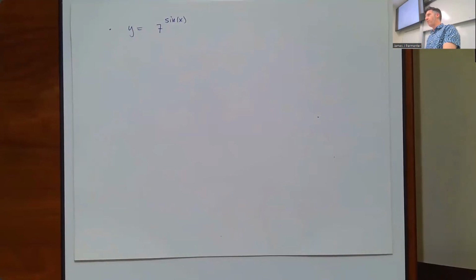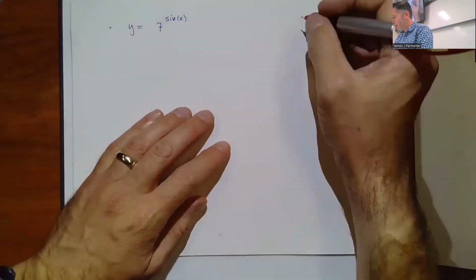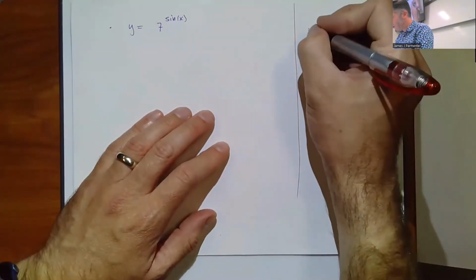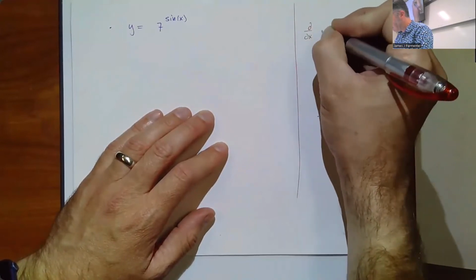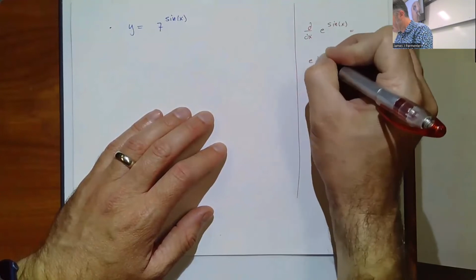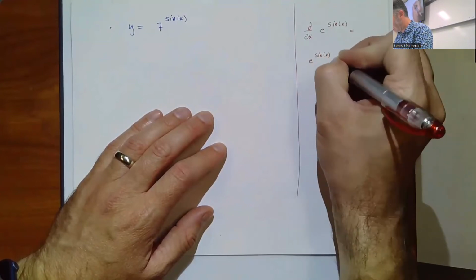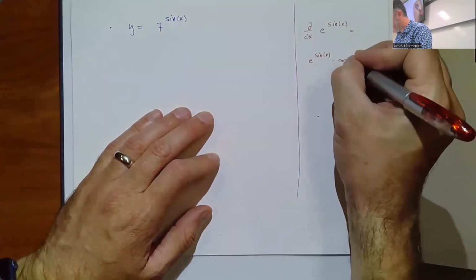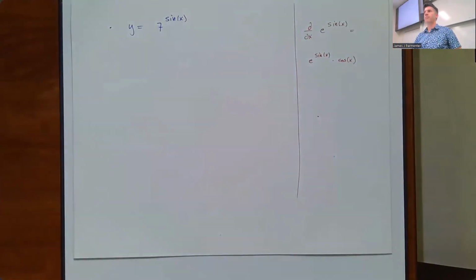And just for comparison's sake, I'm going to point out that the derivative of e to the sine x is e to the sine x times the derivative of sine x, which is cosine x. Okay, well, let's do this one.